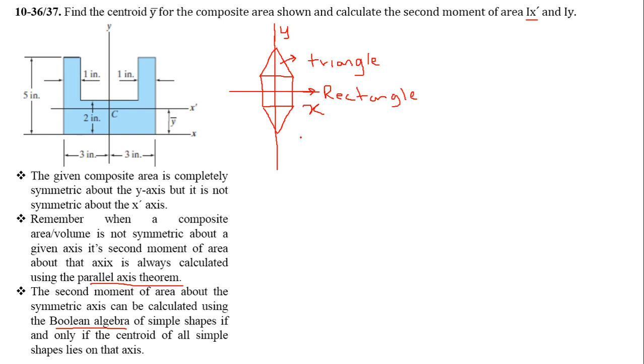However, we cannot use Boolean algebra if we want to calculate Ix, the second moment of area about the x-axis. This is because the centroid of this lower triangle might lie somewhere here, the centroid of this rectangle lies at the intersection of the symmetry axes, and the centroid of this triangle might lie somewhere here.